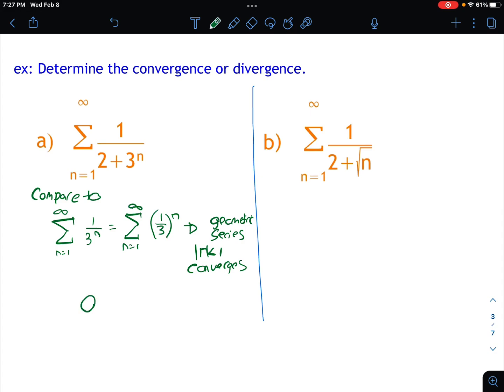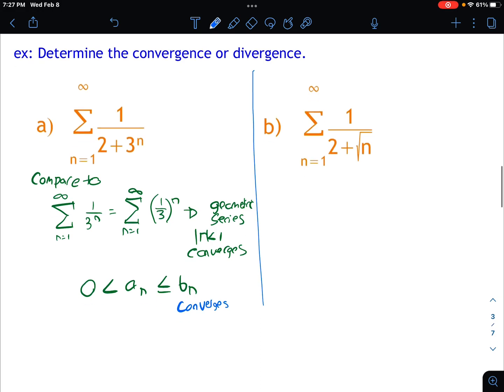We need to make it work this way. We need to set one of these equal to a sub n and one of these equal to b sub n. And essentially, we need to show that b sub n converges. And if b sub n converges, then anything that's smaller than it must also converge. And the idea is this one must also converge.